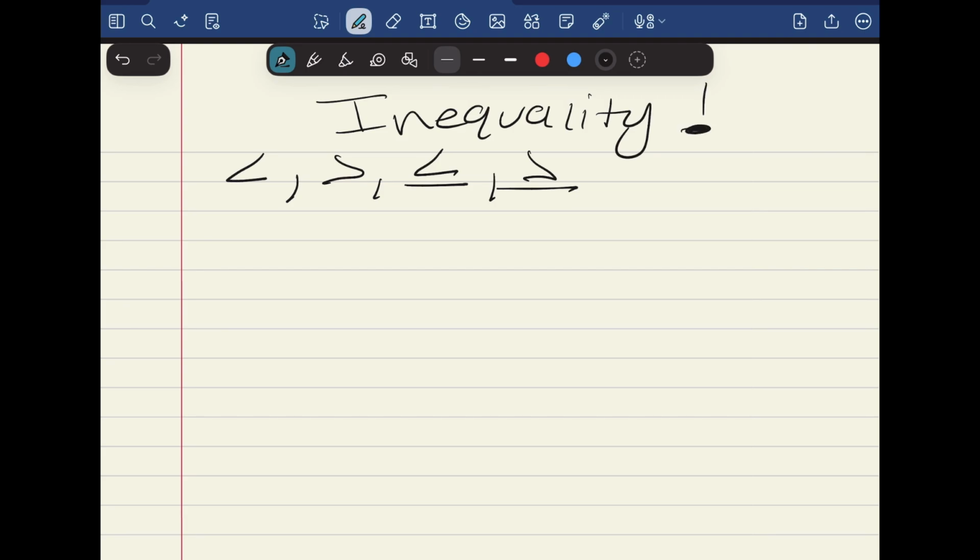Okay. So, with that being said, there is one rule that is different from equations. I'm going to tell you this before we get onto it.